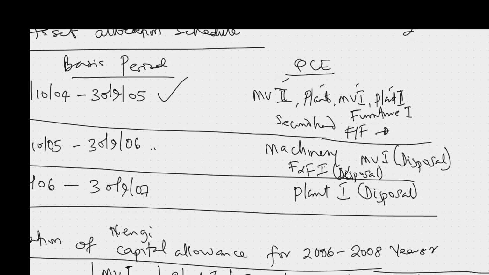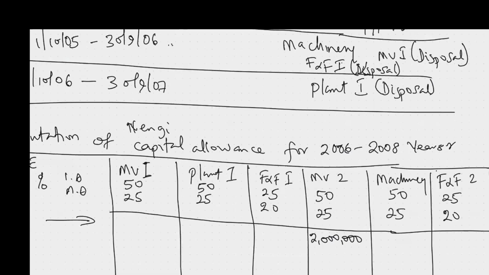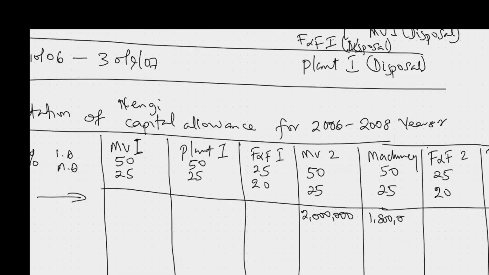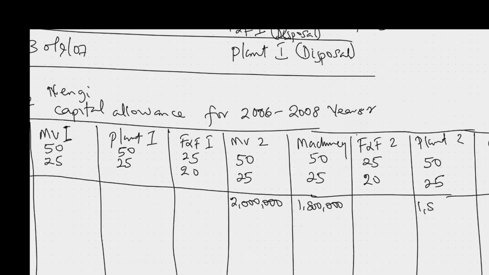1.8 million. 1.4 is for plants. Machinery is how much? 2.9 for machinery. Was it acquired this year or next year?